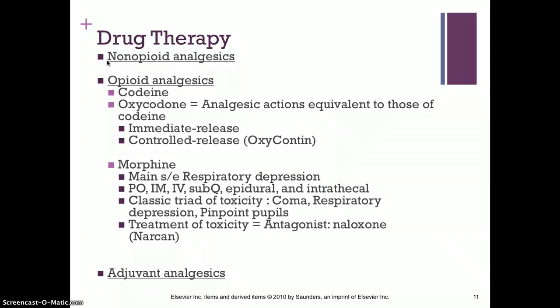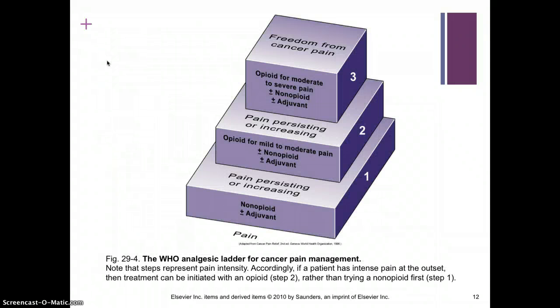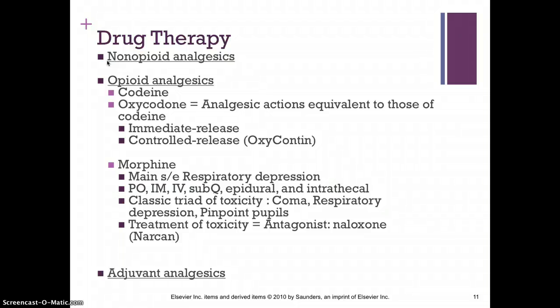Thankfully, we have an antagonist that can reverse this called Narcan. At a vaginal delivery, if a patient was recently given morphine or any medication for pain, we have Narcan on board so that if the baby comes out respiratory depressed, meaning mom got a medication, went to the baby, we want to make sure that we can reverse the side effects in the baby by giving Narcan.